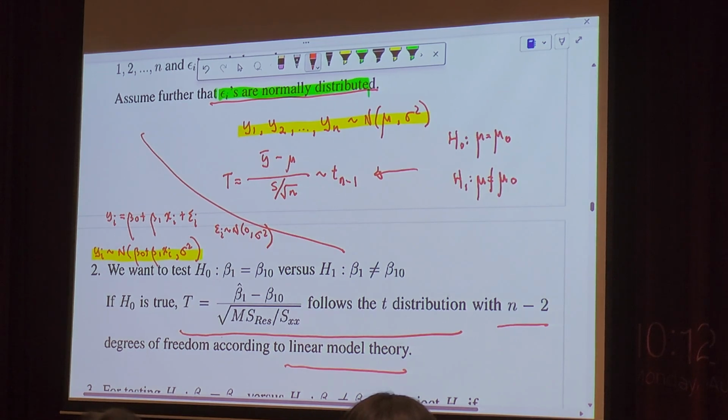Same thing we are doing here. So we are testing whether beta 1 is beta 1 0 or not. And this linear model theory will be explained in greater detail in chapter 3. Here I just state.